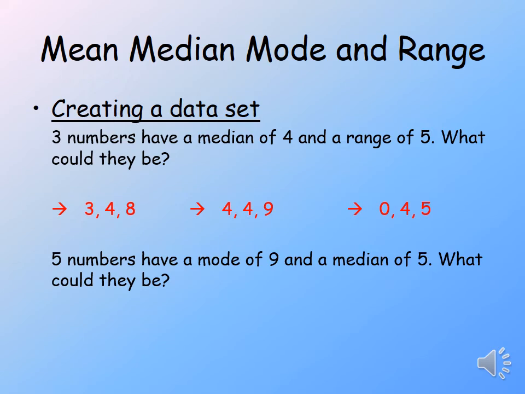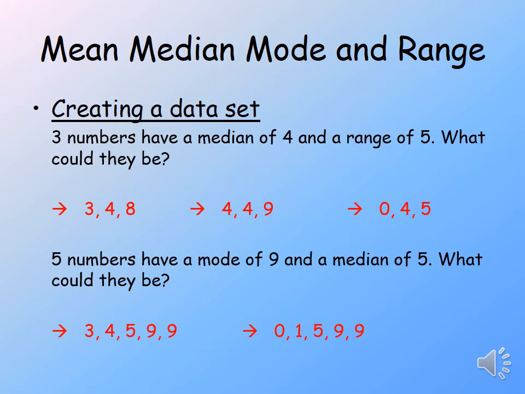So a little bit more challenging, but if you play around with them you can always get the answers. As I say, no one answer, but here are two answers that I've decided. As you can see in both of them, 9 is a modal value and 5 is in the middle.